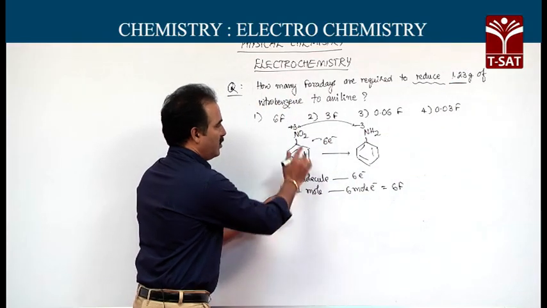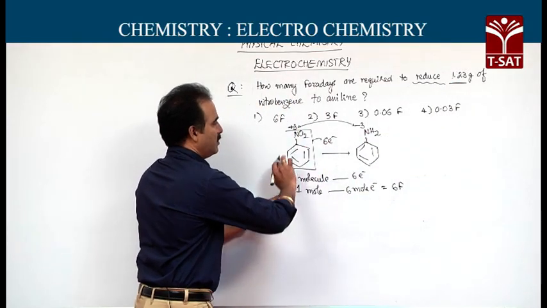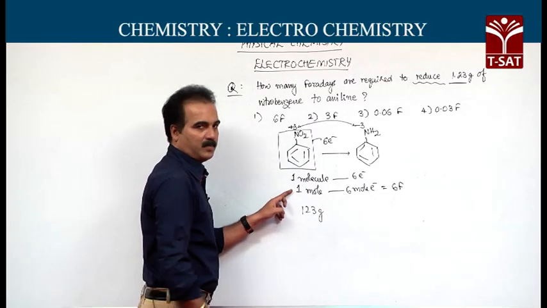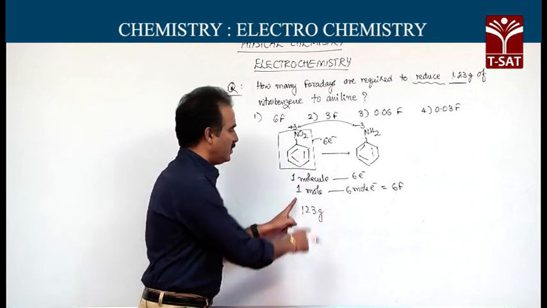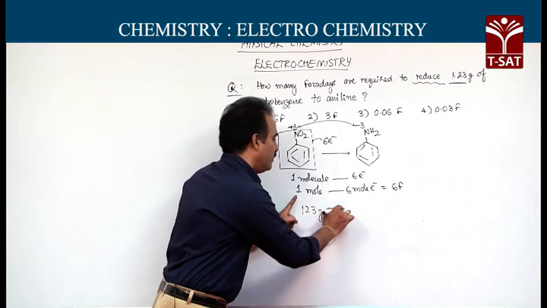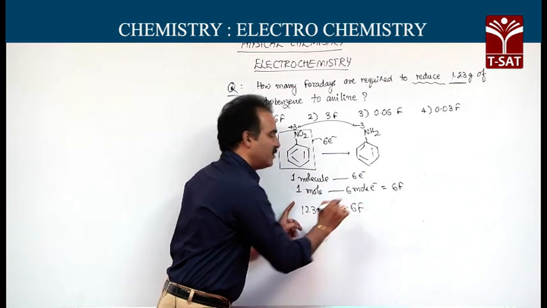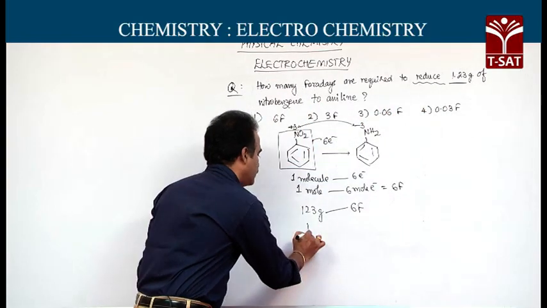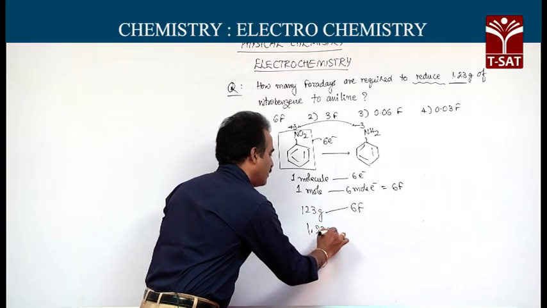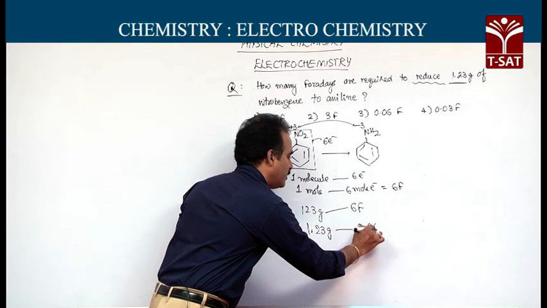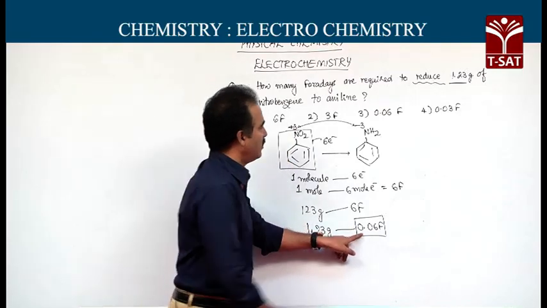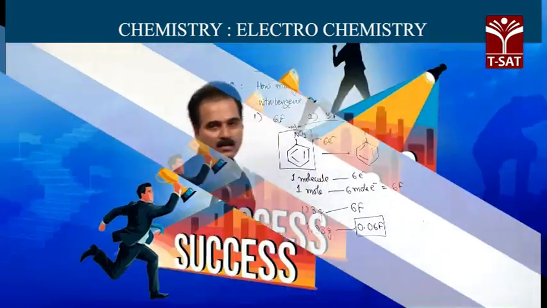The molecular weight of 1 mole of nitrobenzene comes out as 123 grams. So, for every 123 grams, that is 1 mole, we need 6 Faradays of current, and as we are reducing 1.23 grams, we need 0.06 Faradays of current, and according to this, the third one is the answer.